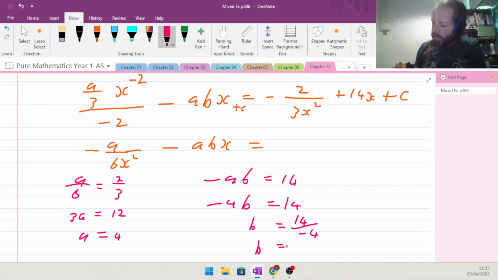B is equal to, what is it, 7 over 2, 3.5, isn't it? Minus 7 over 2.